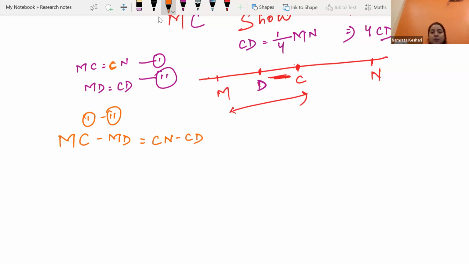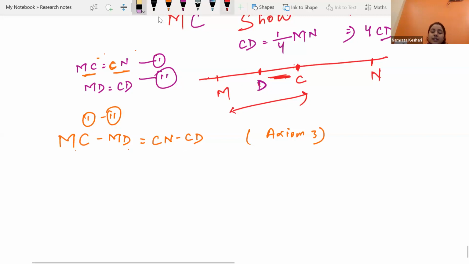Now, axiom 3, you need to write in a statement form. Something which was already equal, from there we are subtracting the same from both sides, and MD and CD are the same, right?